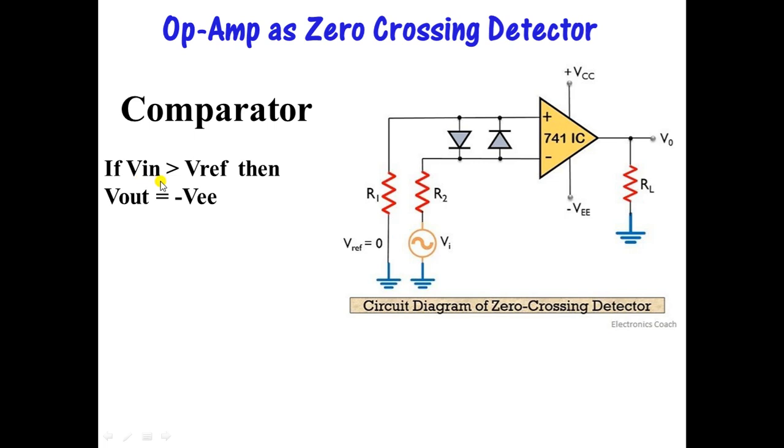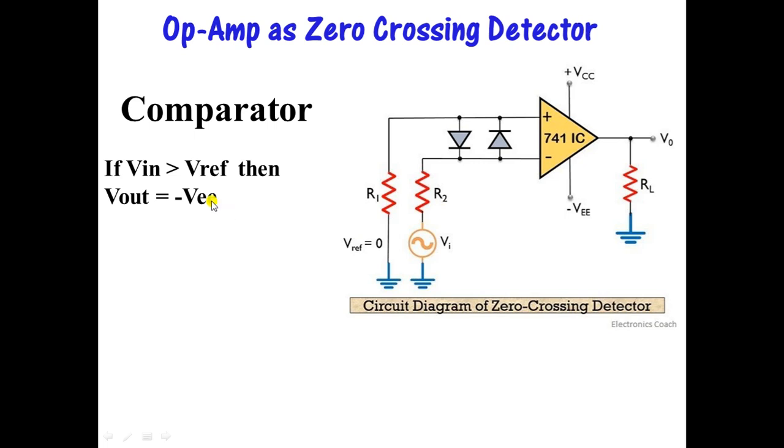If Vin is greater than Vref, then Vout will be equal to minus VEE. Whatever this value is will be your output. Now why is it happening that when Vin is greater than Vref, you get Vout equal to minus VEE? See here, Vin is connected to the negative input terminal and Vref is connected to the positive input terminal.